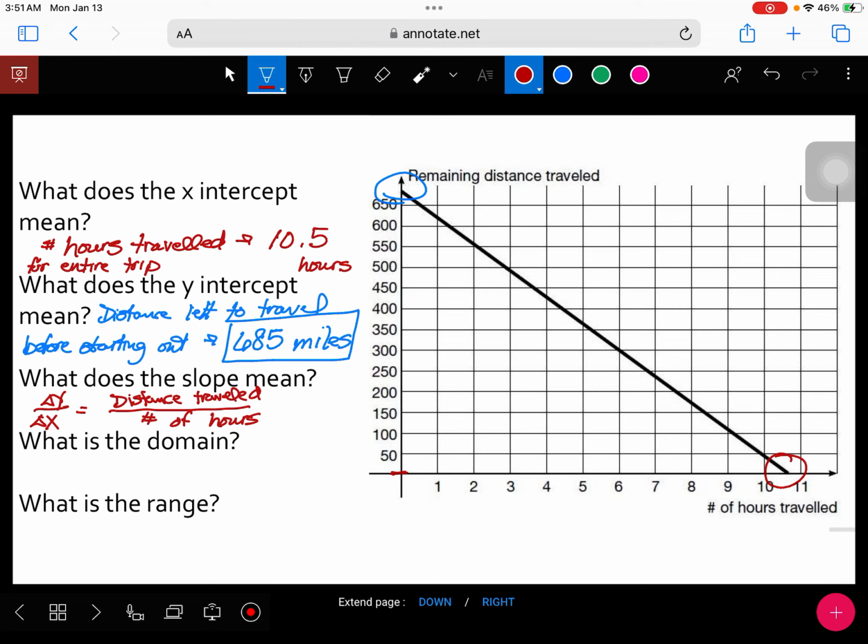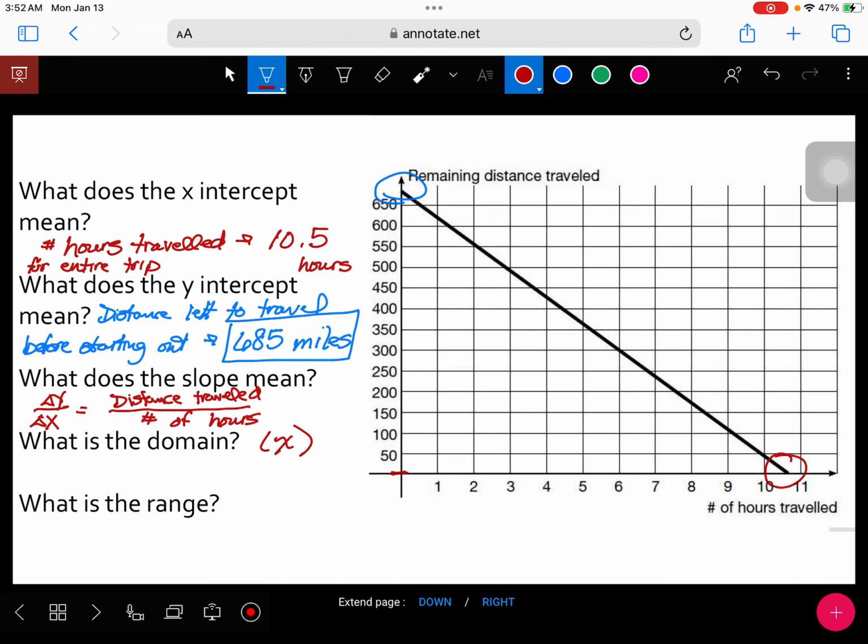The domain in this case, let's see, domain, that's your x values. The domain would be the number of hours traveled.